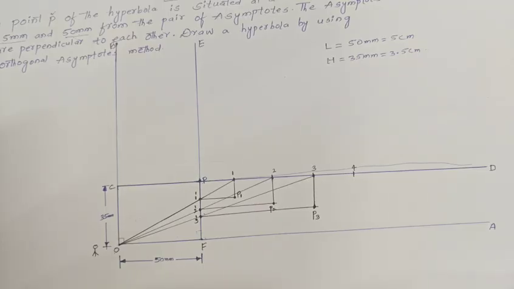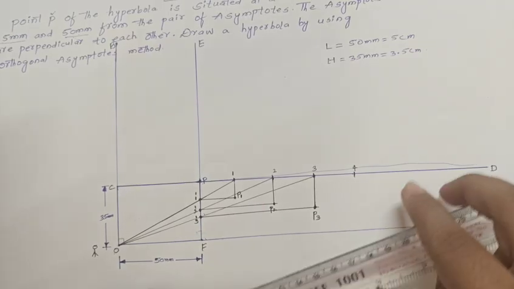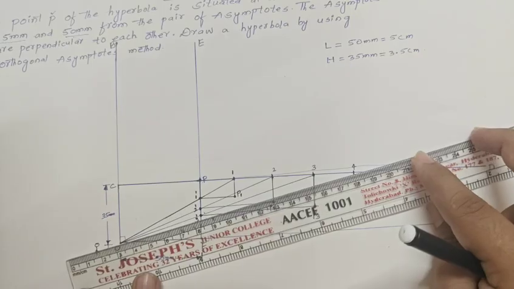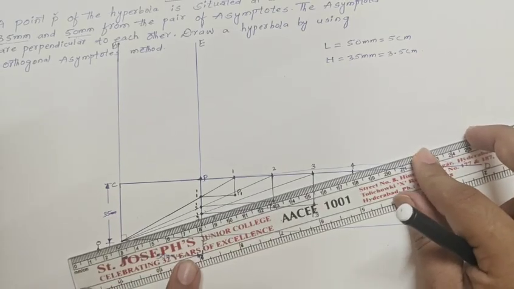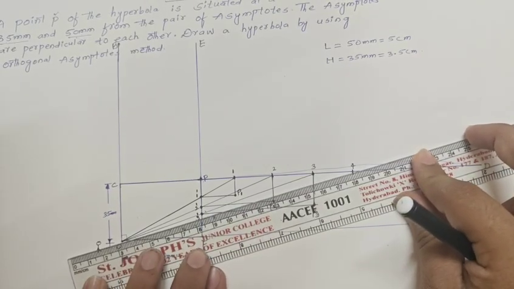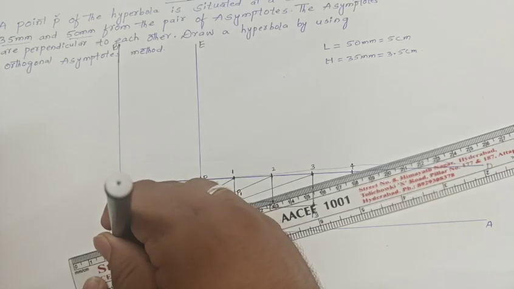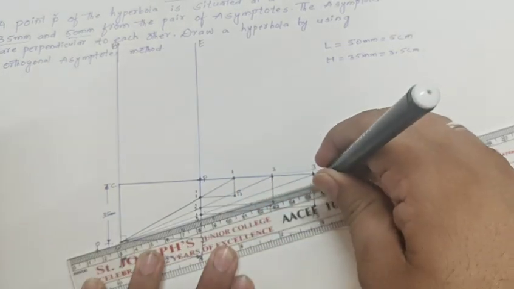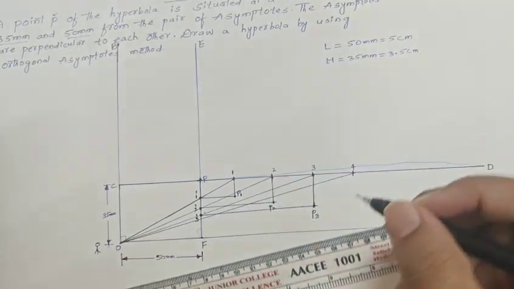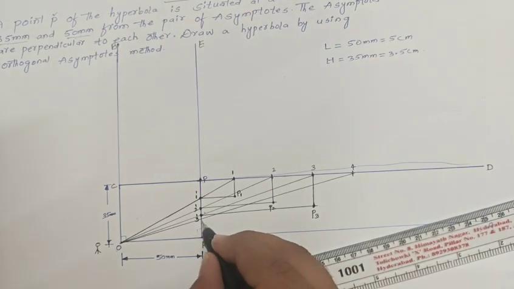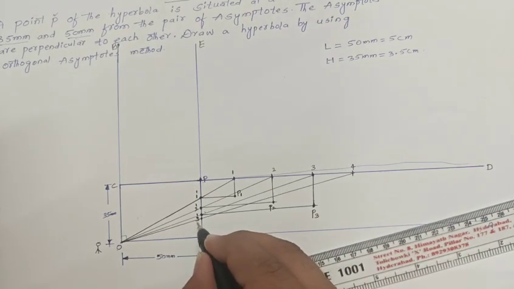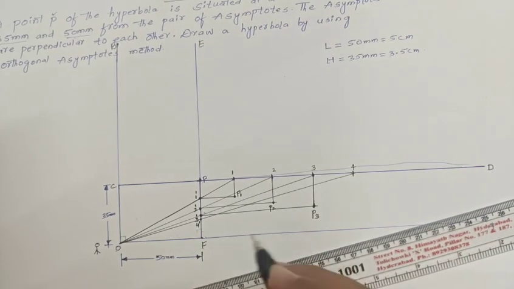Again, join the point from 0 to 4. Clear? 0 to 4. Okay, the projections will fall on the vertical line. So this is what we can say, 4 dash.